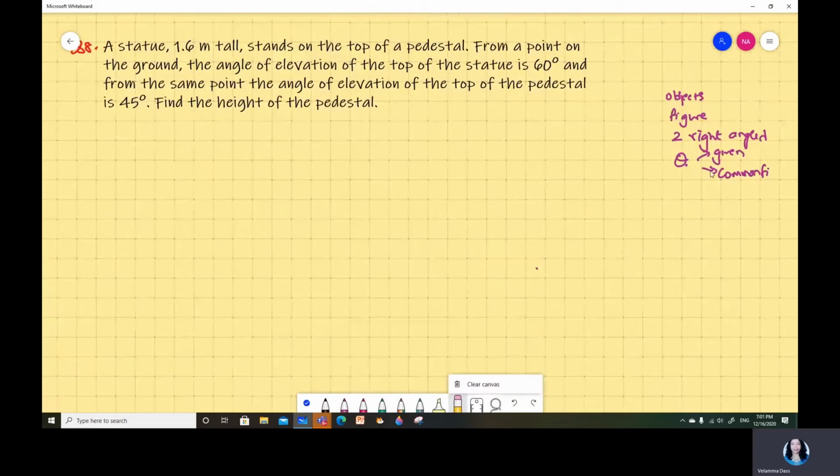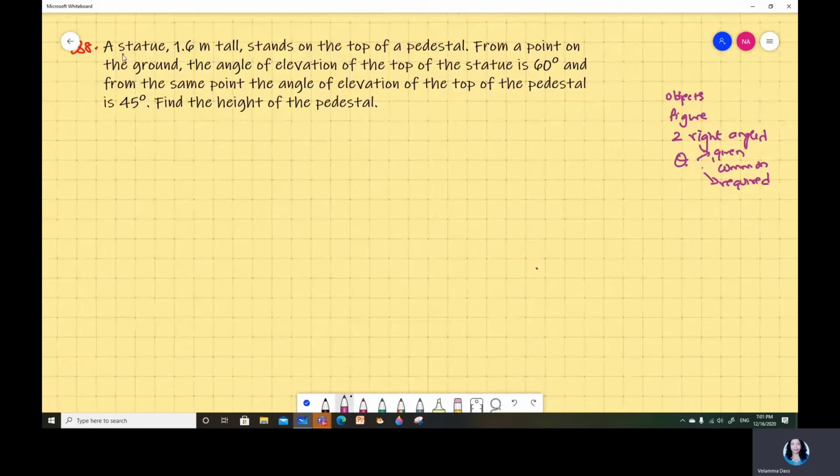So here I will just reframe this. We can say given, common side, or required side, and then accordingly we apply trigonometric ratio and solve. Okay, let's start with question number 8, following the same steps again.